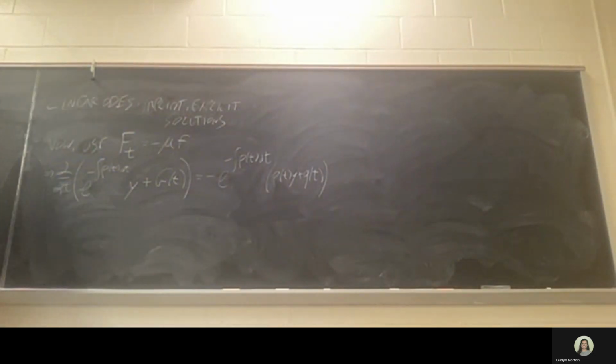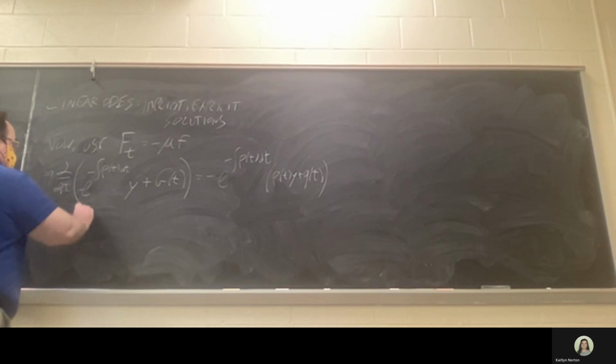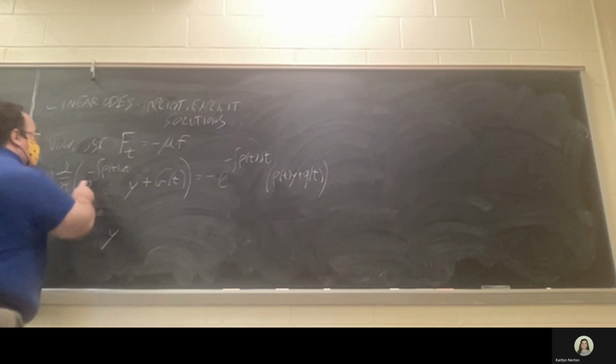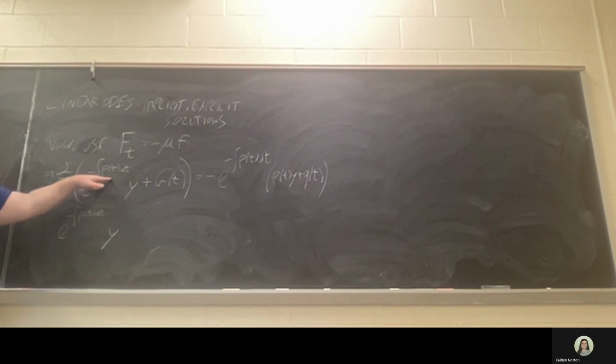Now, I take a derivative of this with respect to t. Well, the y will just stick around. It's like a constant now. The exponential, we're going to have itself times the derivative of the exponent. But the exponent is an integral. So the integral of a derivative, well, with cancellation here, we'll have minus p of t.